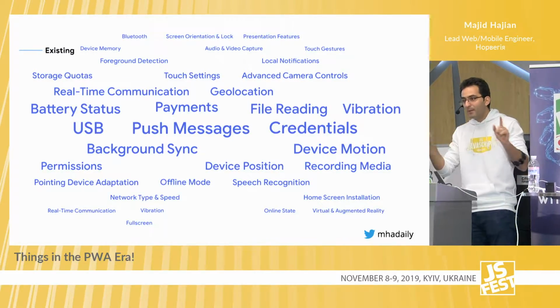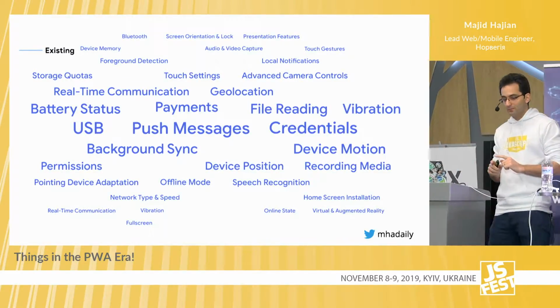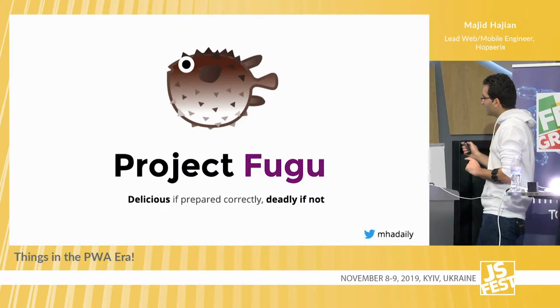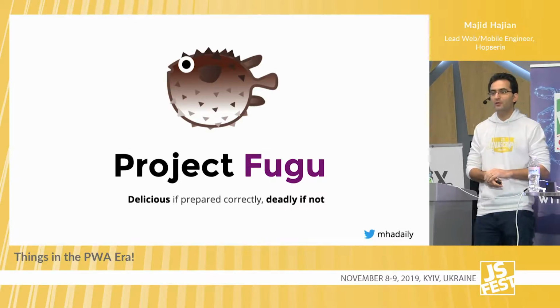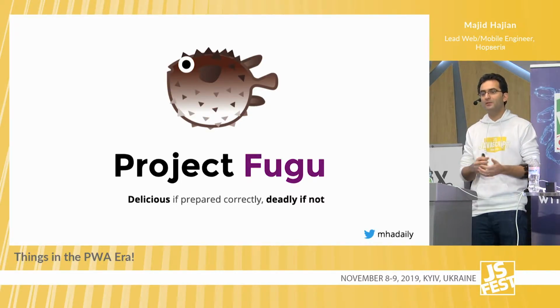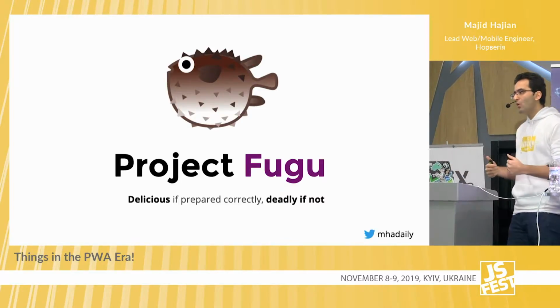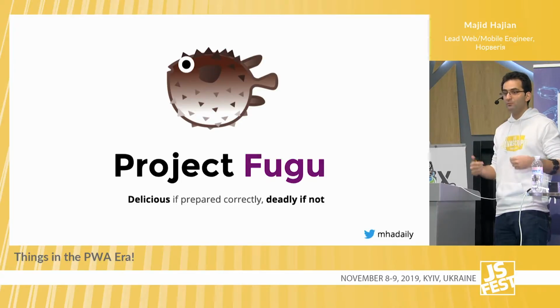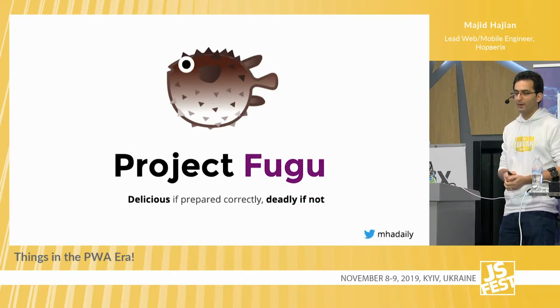We already have many APIs in the browser. And with Project Fugu, if you haven't heard about it, it's a project from different companies, especially Google, that is bringing more APIs to the browser and making it more and more interesting to work with the web.